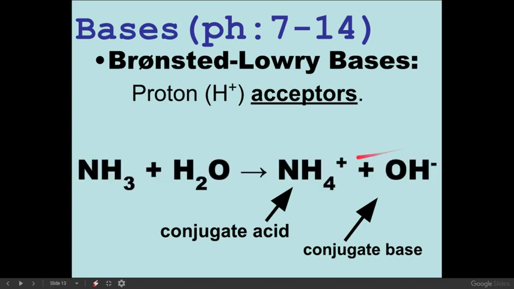Okay, so Bronsted and Lowry. Basically, Bronsted-Lowry bases: this is saying that the proton, or the hydrogen, is going to be accepted. It's going to be a proton acceptor. With acids, it was a proton donor. So what do we have here? We have a base here, NH3.